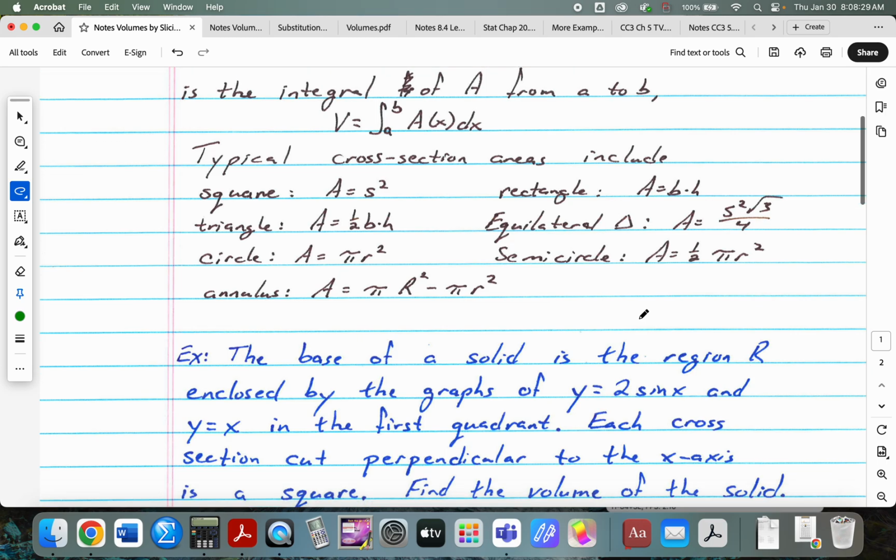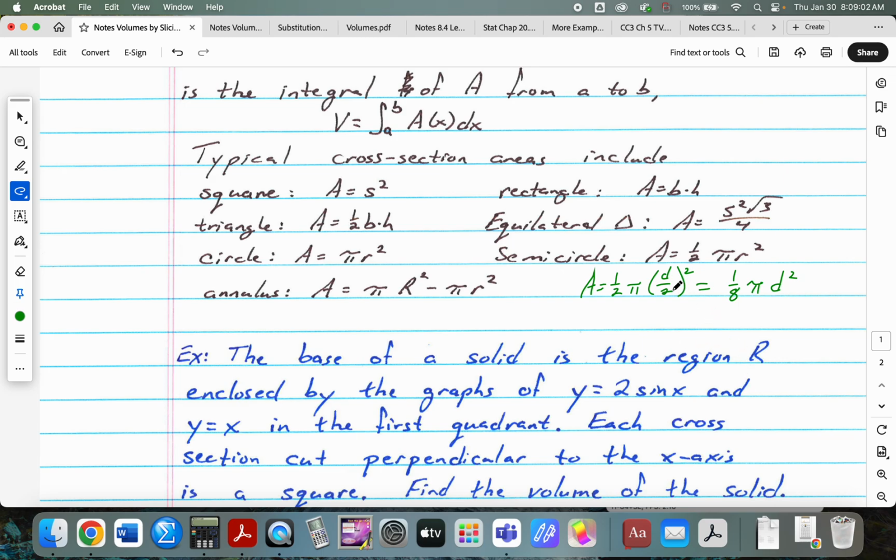So a better formula is if I replace the radius with d over 2, I get A is equal to 1/2 pi times d over 2 squared. And then if you square that and simplify, you get what I think is the better formula, and that's 1/8 of pi d squared. And it's just easier to do that.